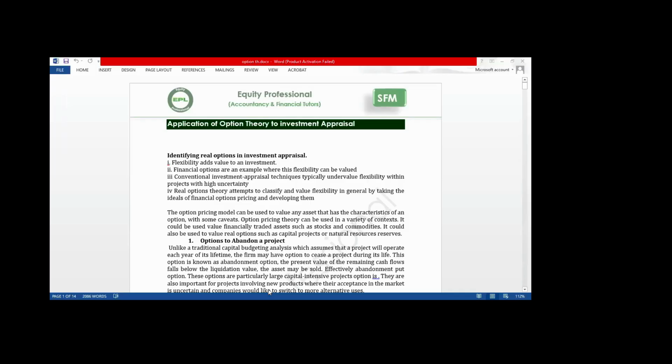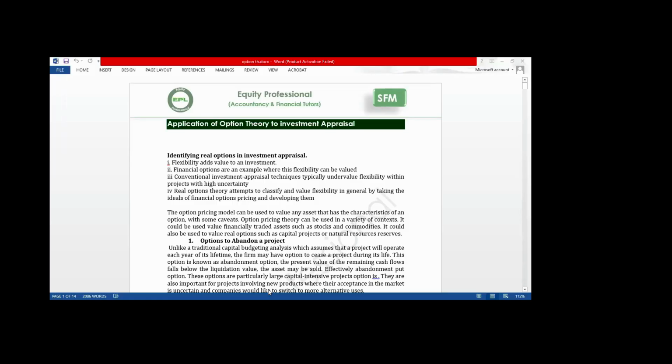Financial flexibility shall be considered under 4 headings. In other words, there are 4 areas of application.